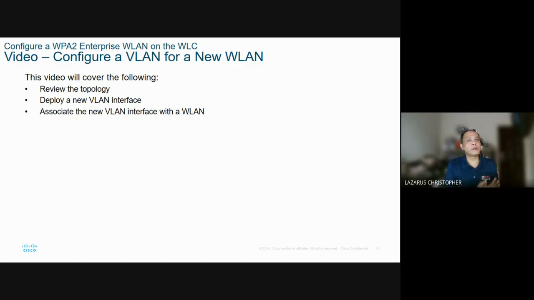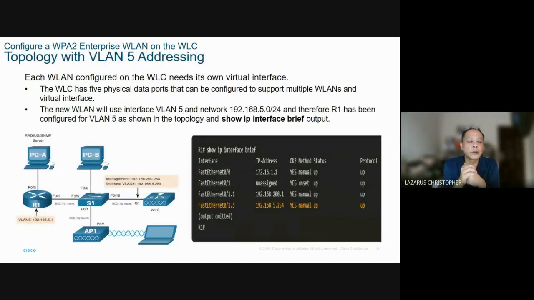So whatever you learn about VLANs on a wired network also operates the same way for wireless LAN, right? All right. So each wireless LAN configured on the wireless LAN controller will need its own virtual interface. The wireless LAN controller has 5 physical data ports that can be configured to support multiple wireless LANs and virtual interfaces.